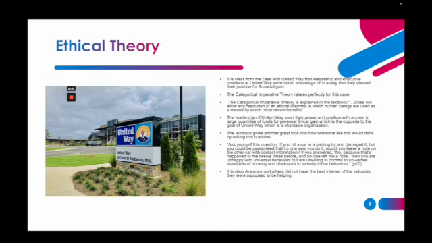The categorical imperative theory is explained in the textbook as not allowing any resolution of an ethical dilemma in which human beings are used as a means by which others obtain benefits. So this is exactly the situation that they used to their benefit.